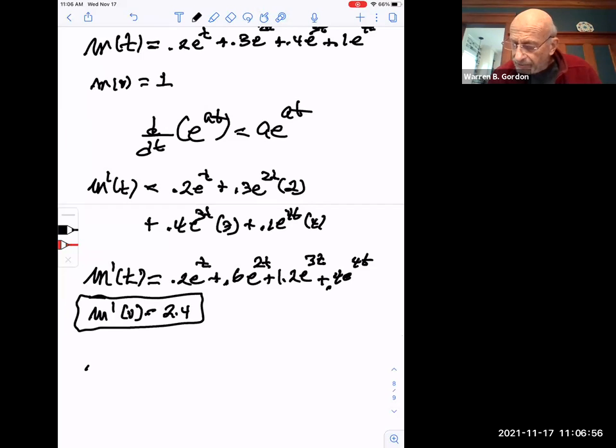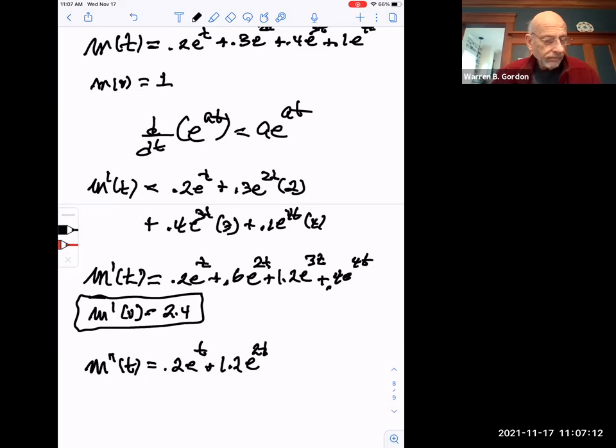If I take the second derivative, we end up with 0.2 e to the t plus 1.2 e to the 2t plus 3.6 e to the 3t plus 1.6 e to the 4t.